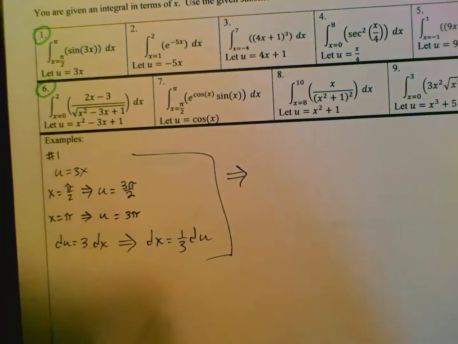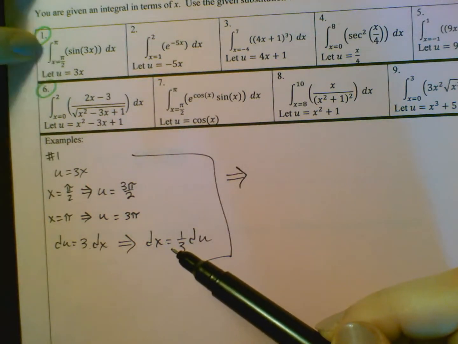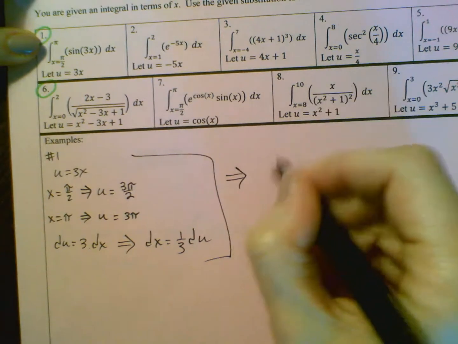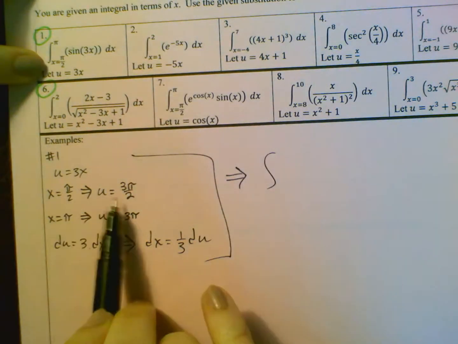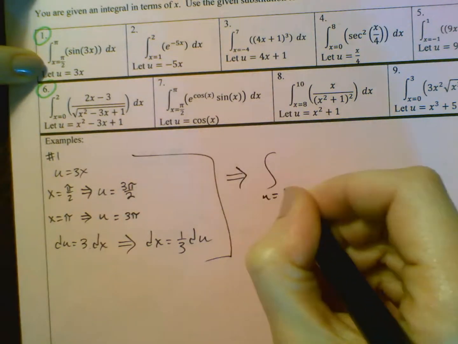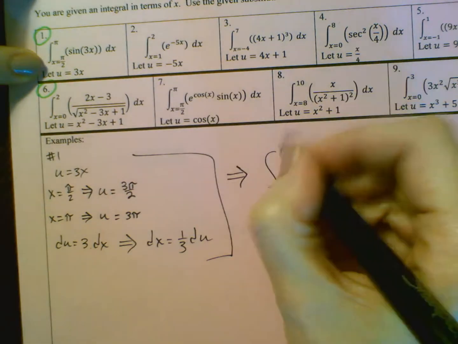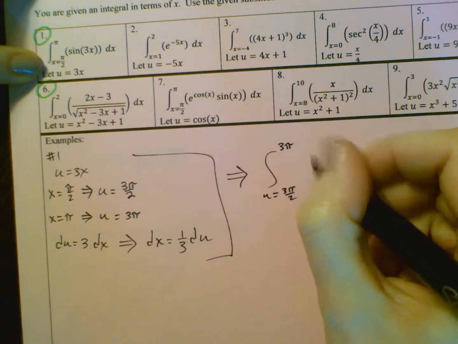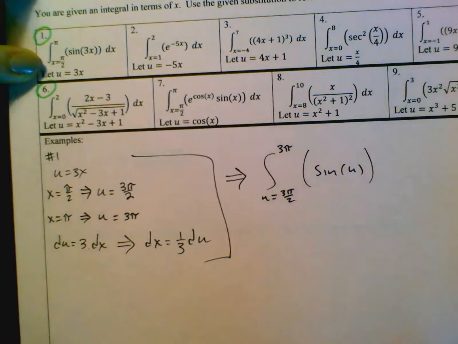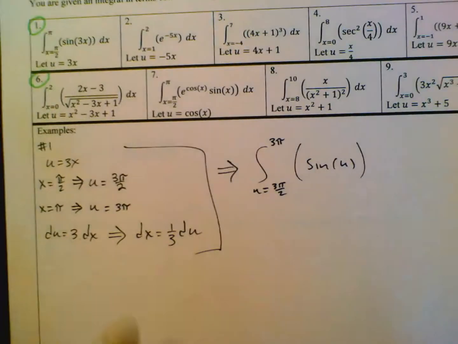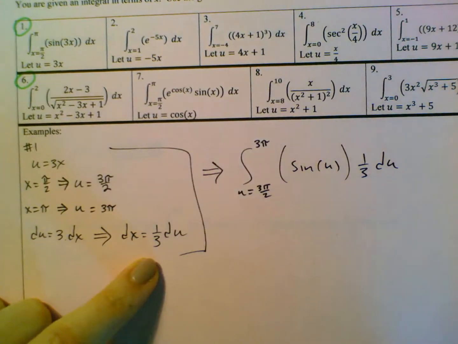So what this means, if I do this substitution, I'm taking this definite integral. All right, instead of x equals pi over 2, I'm going to say u equals 3 pi over 2. And up here, instead of x is pi, we've got that u is 3 pi. And then u is going in for the 3x, and in for dx is going a third du.